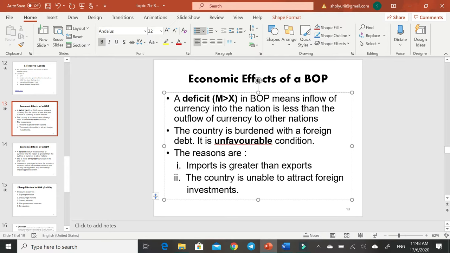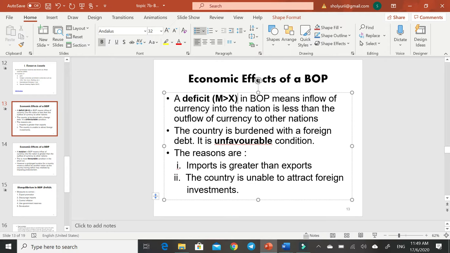So basically, we don't have enough funds to manage projects inside our country, and would like to have outside funding from foreigners. This is what we call foreign direct investment.